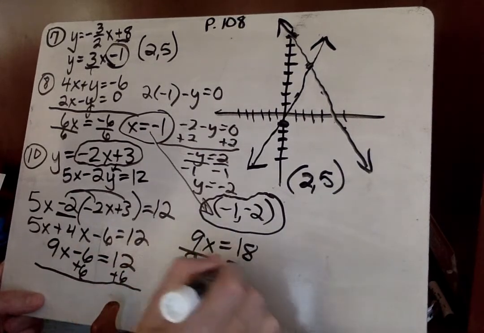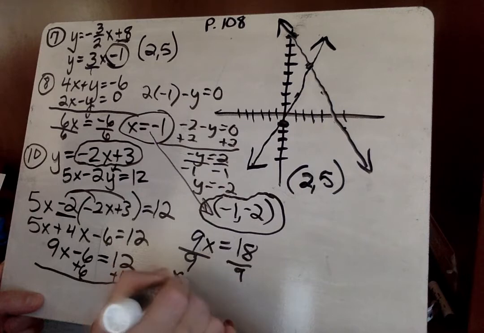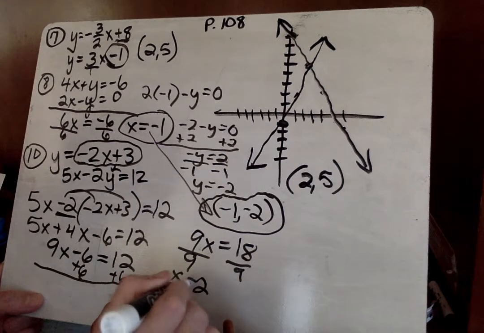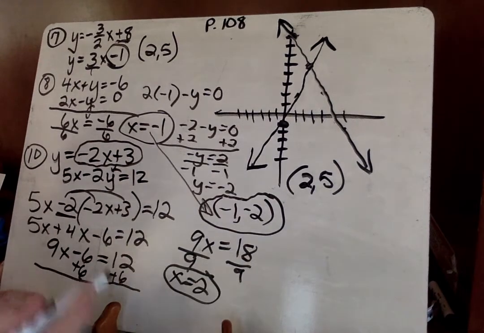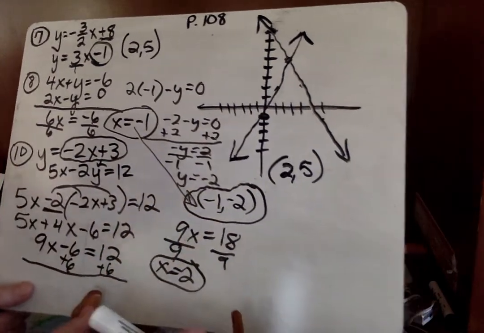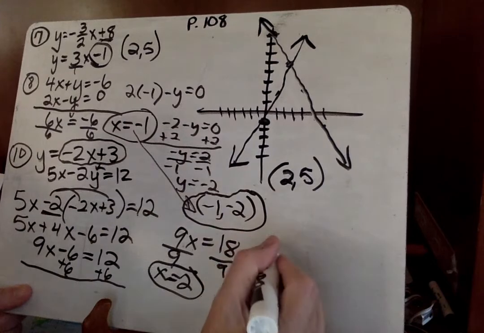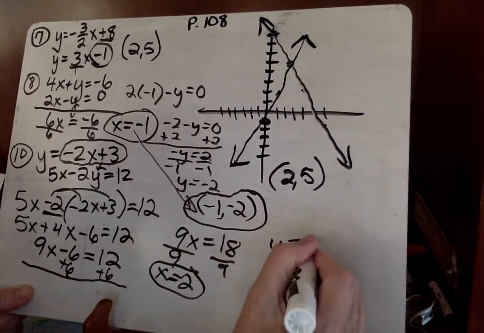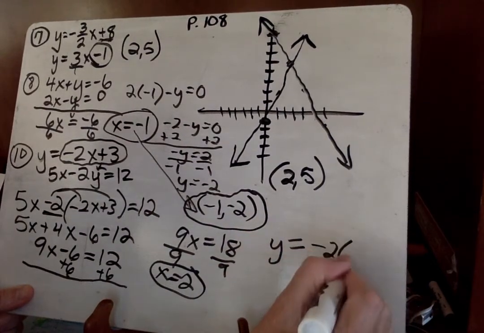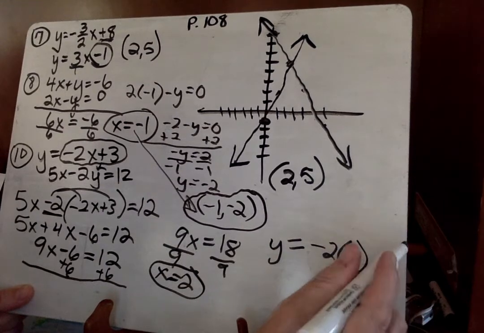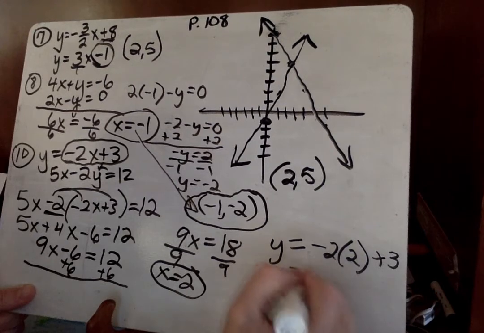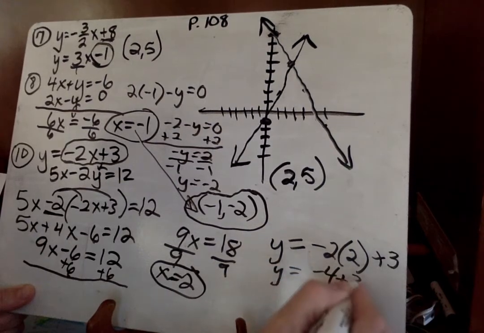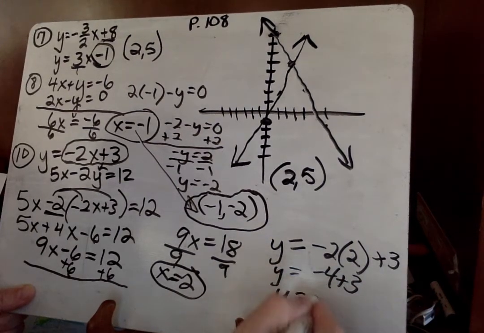Divide by 9. And x equals 2. Then I'm going to plug that back into one of these equations. I'll probably choose the top one. Y equals negative 2 times 2 plus 3. So y equals negative 4 plus 3. Y equals negative 1.